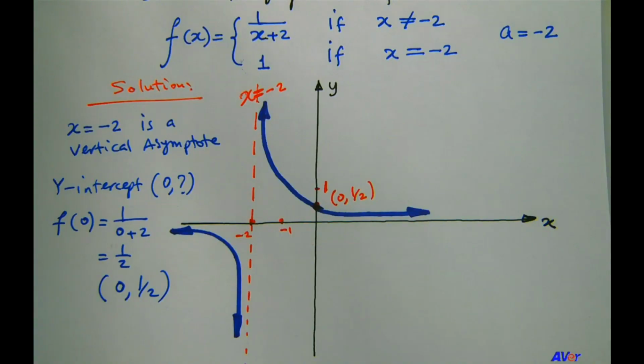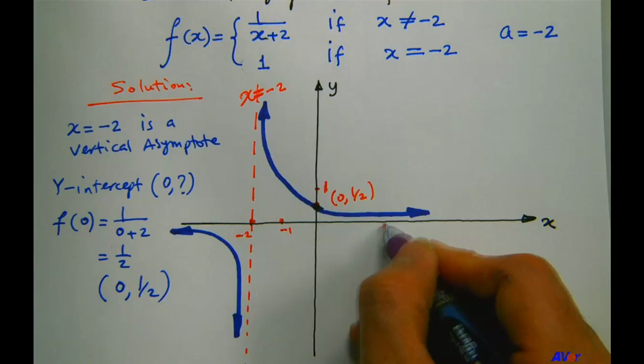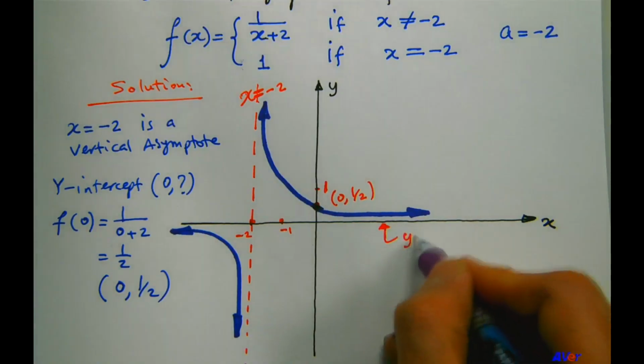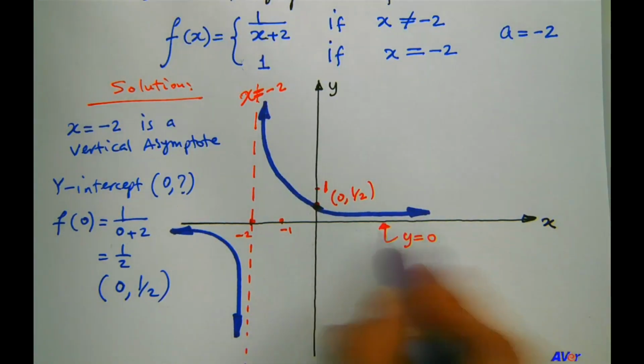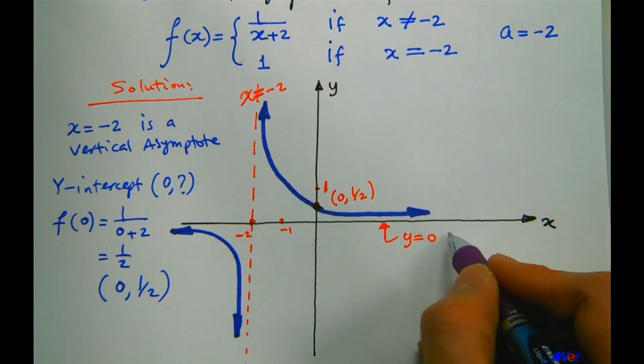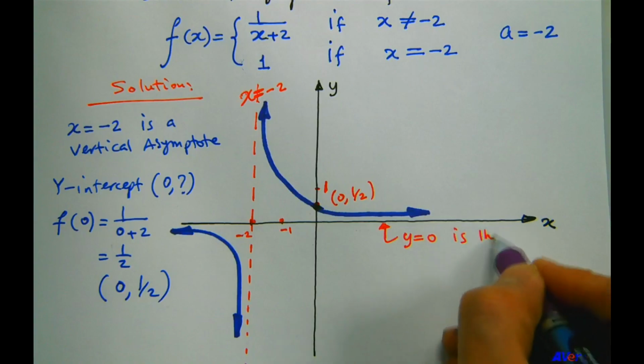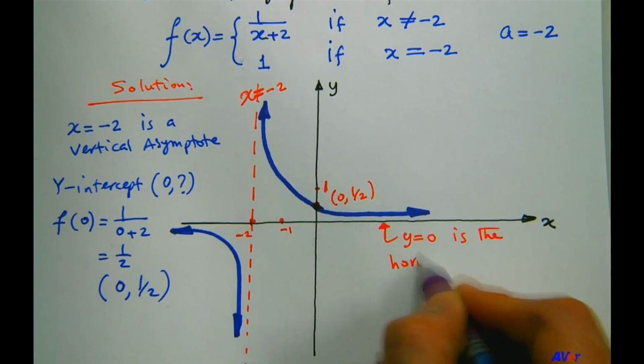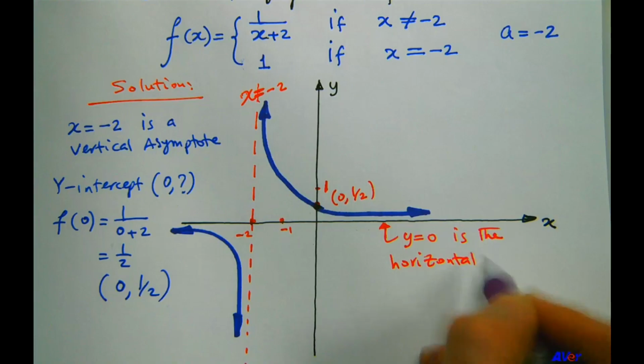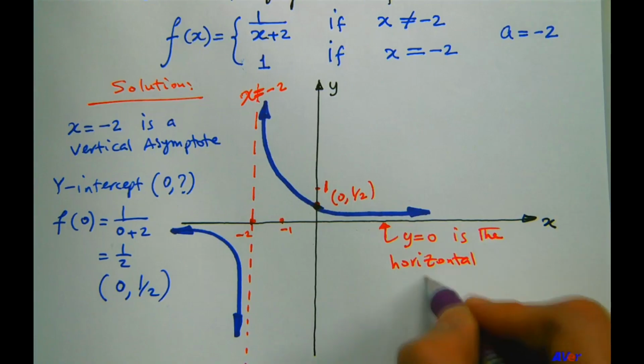And we have y equals 0, or the x-axis, as the horizontal asymptote.